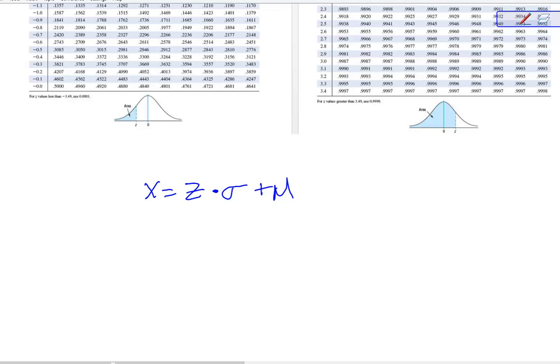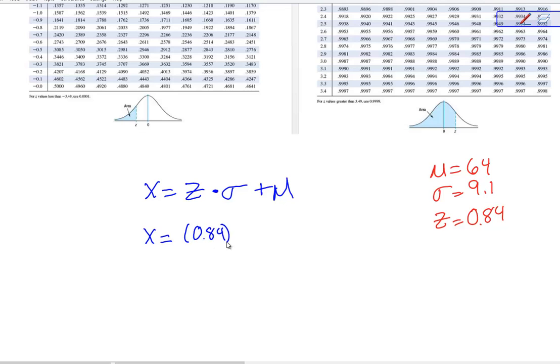Now in the problem, it told me that the mean was 64 and the standard deviation was 9, and we found our z to be 0.84. So I'm going to plug those numbers into my formula.